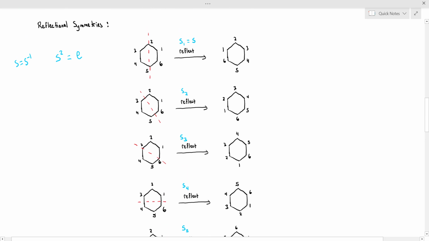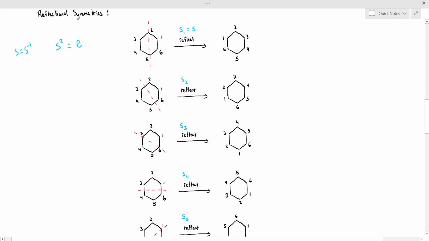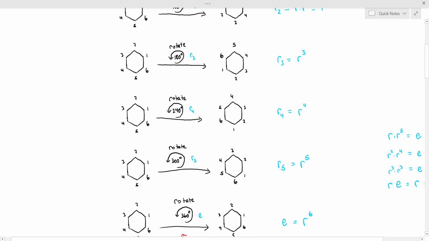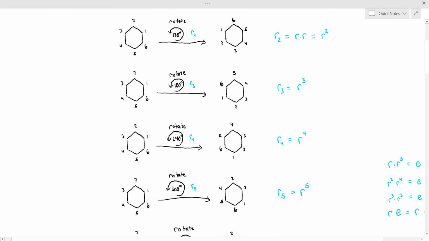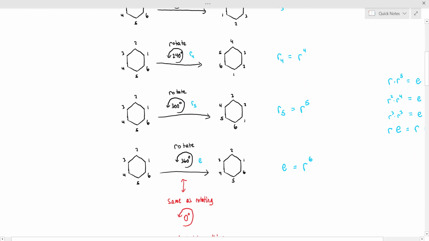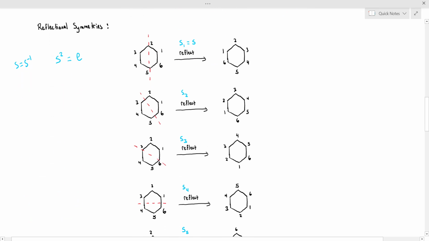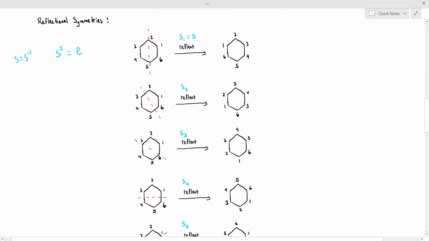Now, something else I want to notice is what happens if we try multiplying some of the rotations and reflections together. Let's observe something looking at these hexagons on the right.